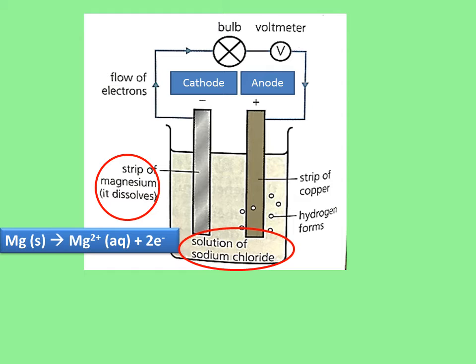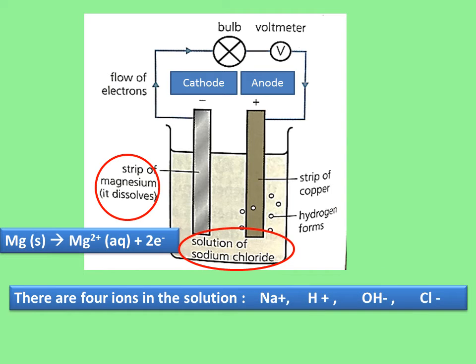Copper, nothing will happen to copper, but what will happen to the solution? As we know, in this solution we have sodium ion, we have chloride ion from sodium chloride, we have hydrogen ion and hydroxide ion from water. So since magnesium will give out electron, which one will receive electron?